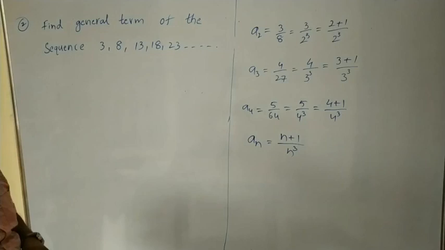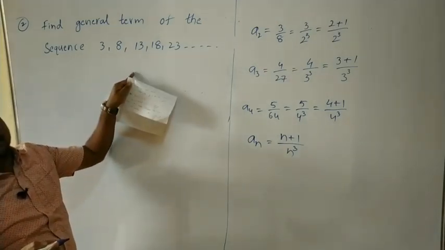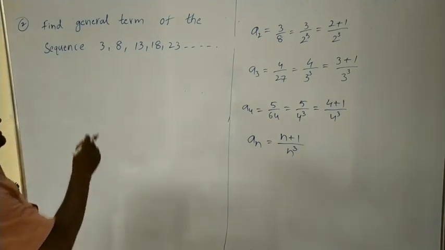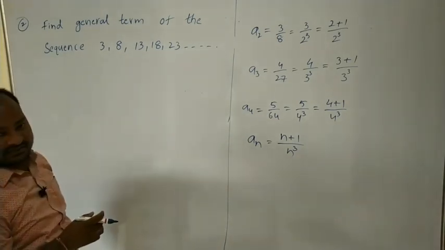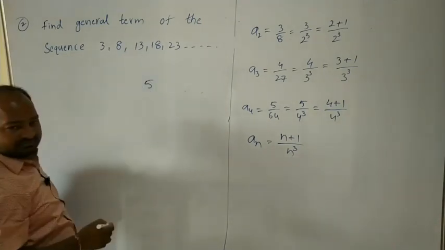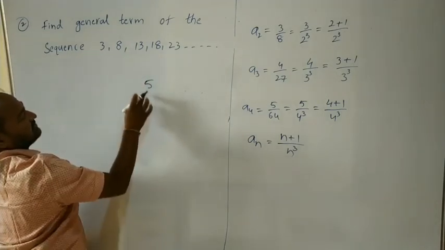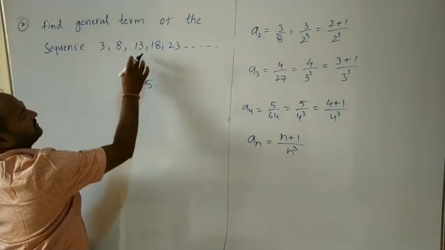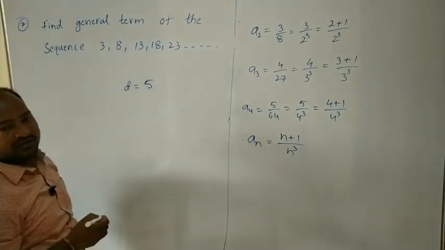So now we want to find the general term of this sequence. Here the given sequence is an arithmetic sequence because the difference between any two consecutive numbers is 5. 13 minus 8 is 5, 23 minus 18 is 5, 8 minus 3 is 5. That means d is equal to 5.